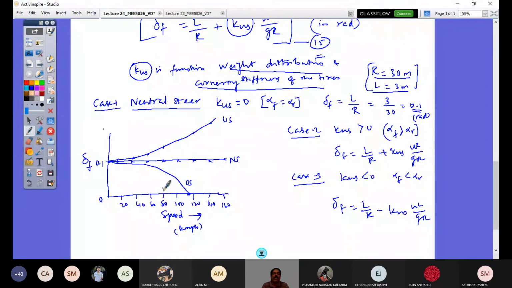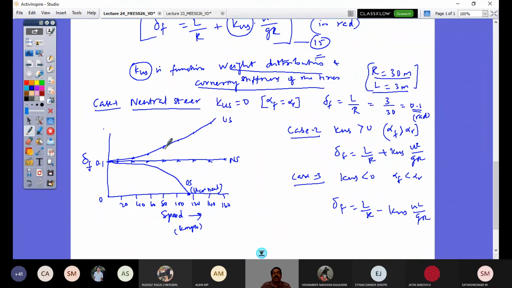So this speed is what is called a critical speed, U critical. When the steering requirement is 0, right?